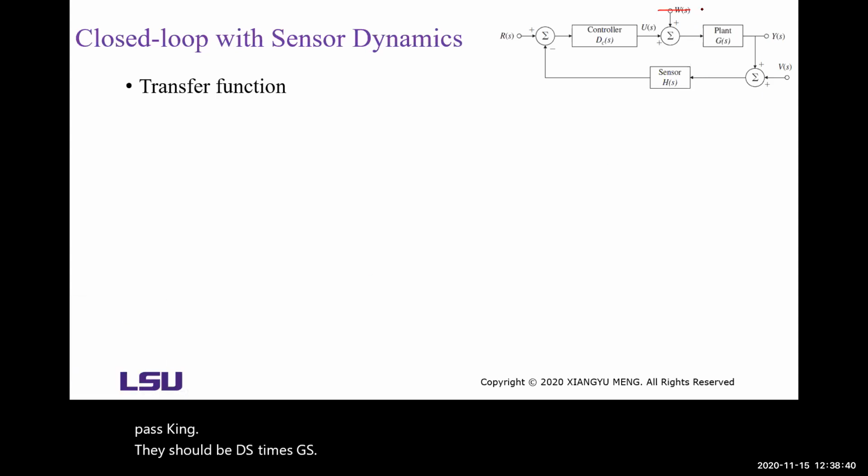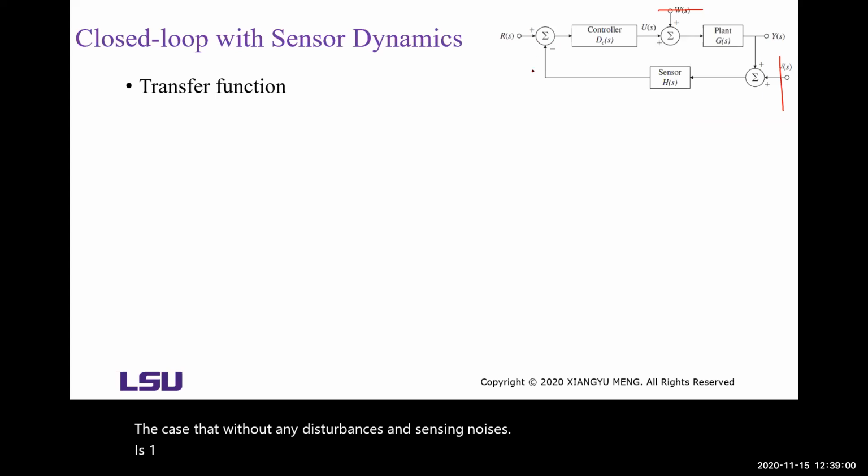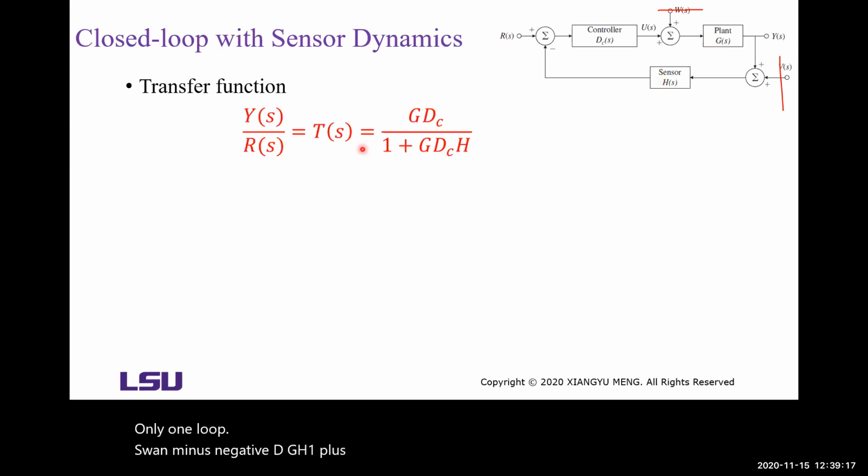Here, let's assume W is 0 and V is 0, the case without any disturbances and sensing noises. The denominator will be 1 minus the loop gain. Only one loop, so it is 1 minus negative DGH, which is 1 plus DGH. Here is the transfer function.